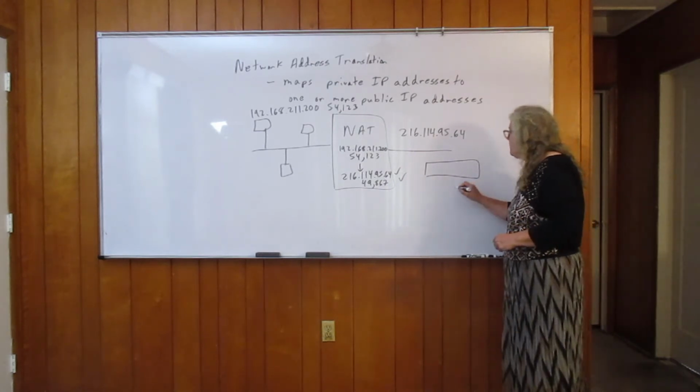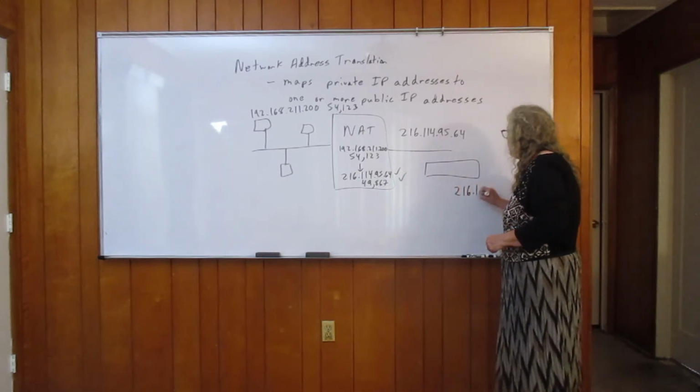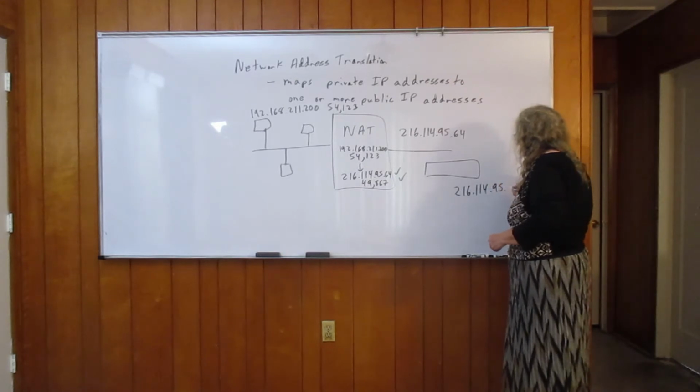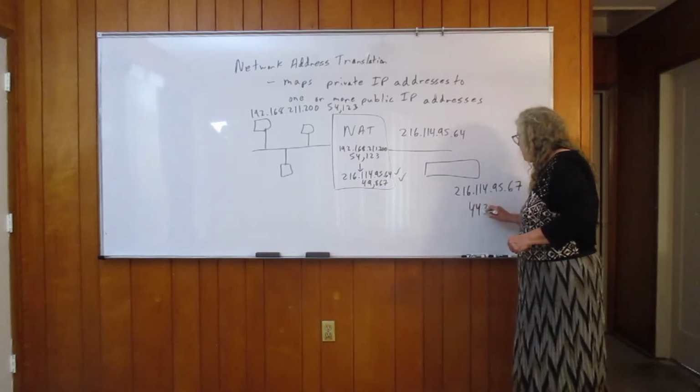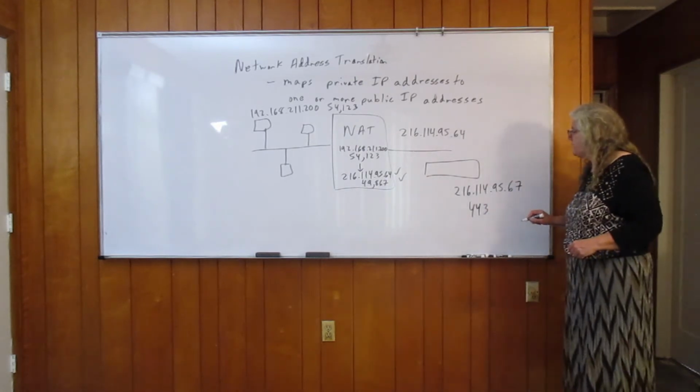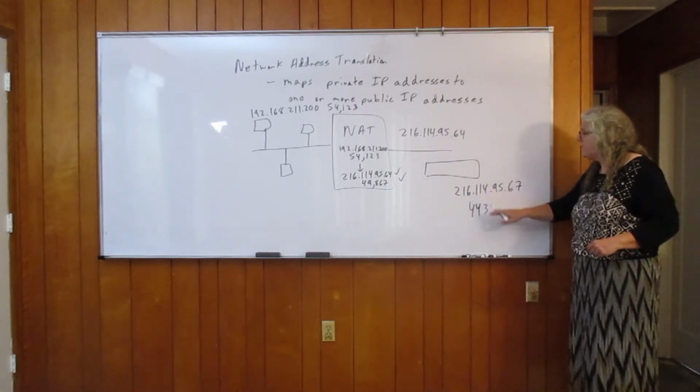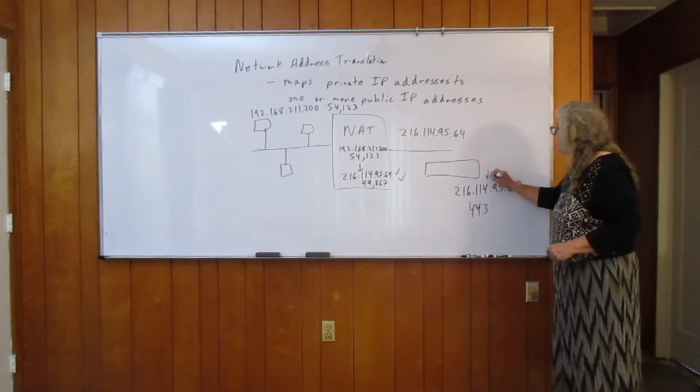If you're connecting up to, let's say, a web server, and you're connecting up to port 443, which is for HTTPS, this is going to be the destination IP address and destination port number.